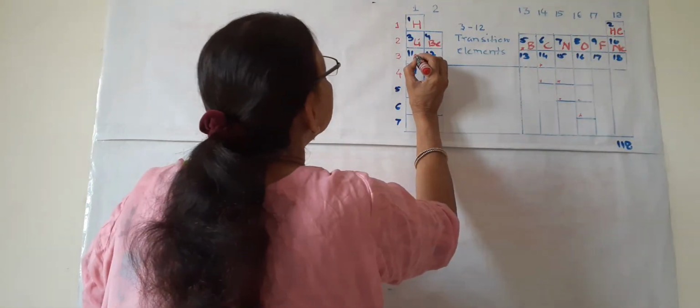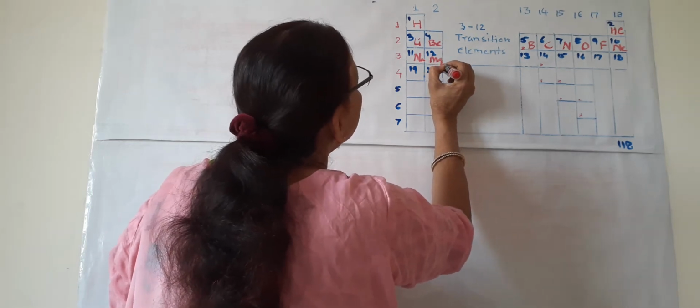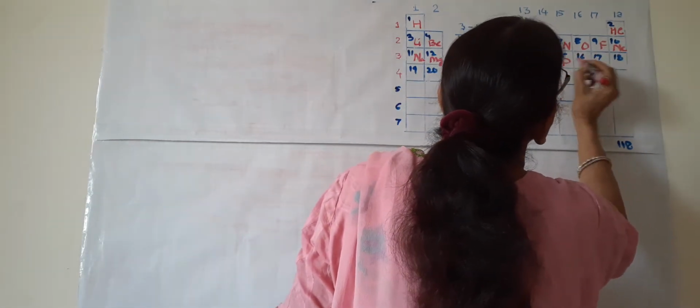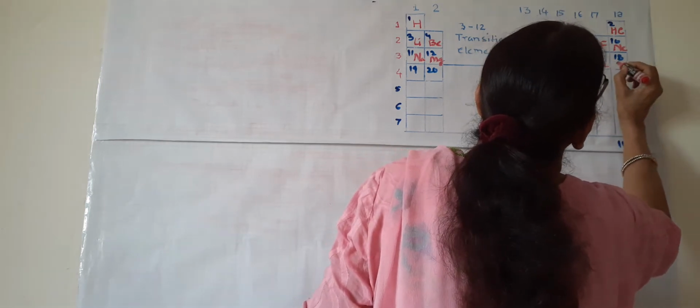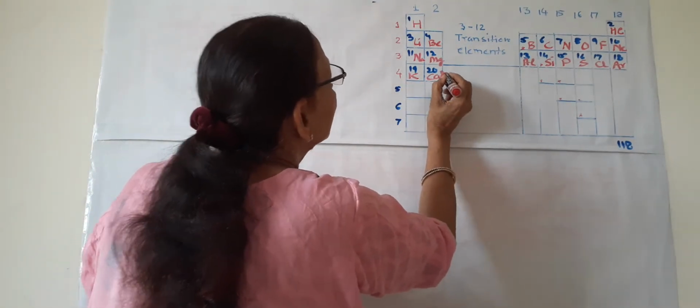And then comes sodium, magnesium, aluminium, silicon, phosphorus, sulfur, then chlorine, and then argon, and then potassium, and then calcium.